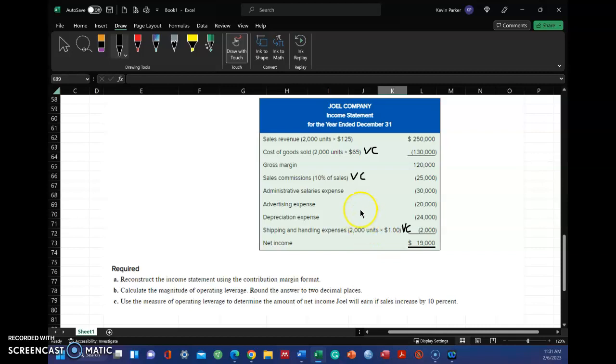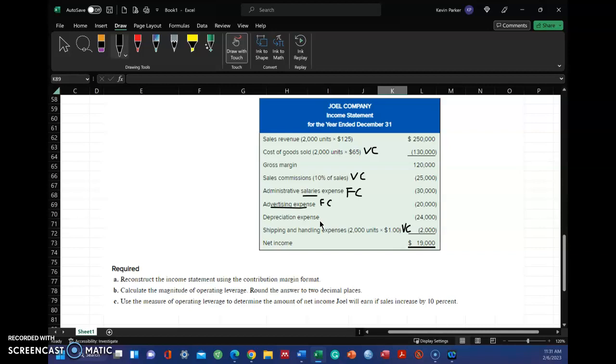Now that leads us to what is fixed cost. Anytime you see the word salaries, advertising most always is fixed. I guess I could see the case where it could be variable, like if you're paying for clicks to Google or some social media advertising that they pay, you know, for clicks or maybe even going to the website.